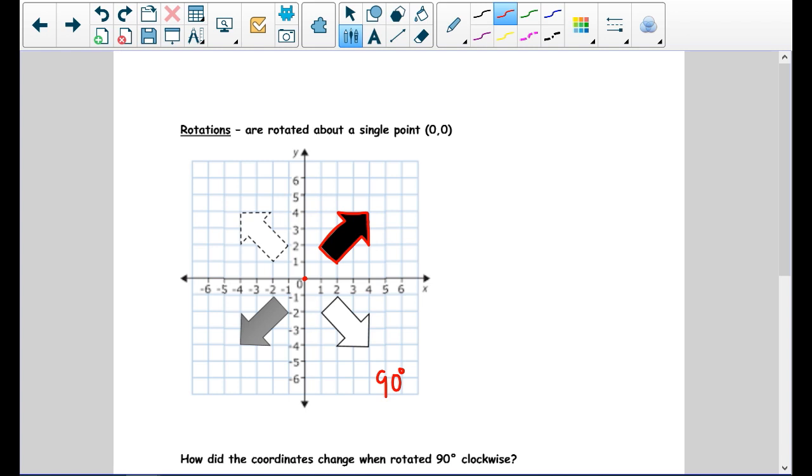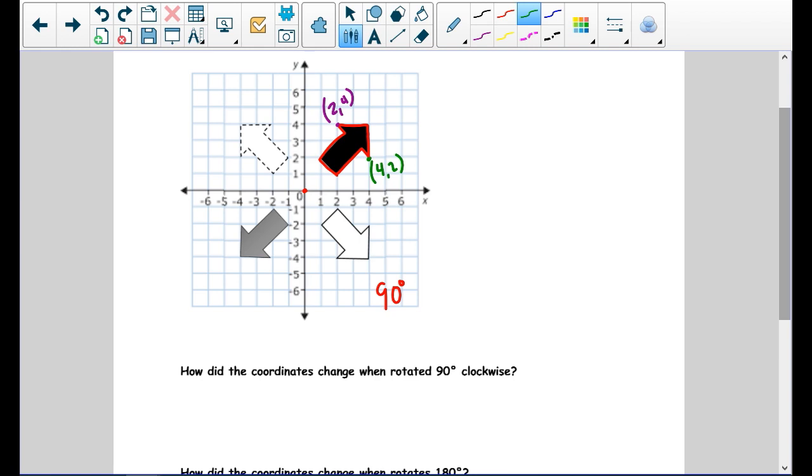Right? So let's take a look at those values. So I'm going to put a point here, and we're going to find this value. So 2, 4 is that purple point, and we're going to go on the other side of that shape, and we're going to go 4, 2. So those are the values and the points we're going to look at how they move. So 90-degree rotation clockwise moves it all the way to here from my green point, which is now 2, negative 4.